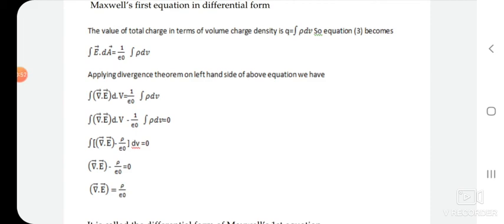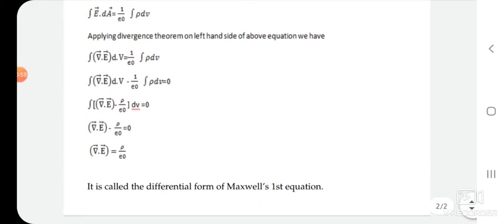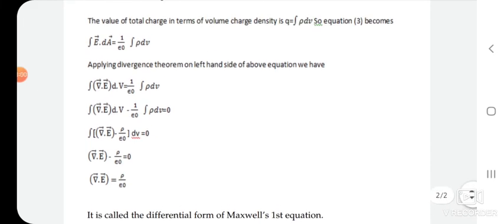Therefore, del dot E minus rho by epsilon naught is equal to 0, or del dot E is equal to rho by epsilon naught. If we move epsilon naught to the left hand side, it gives epsilon naught E, which is nothing but D, so del dot D is equal to rho.